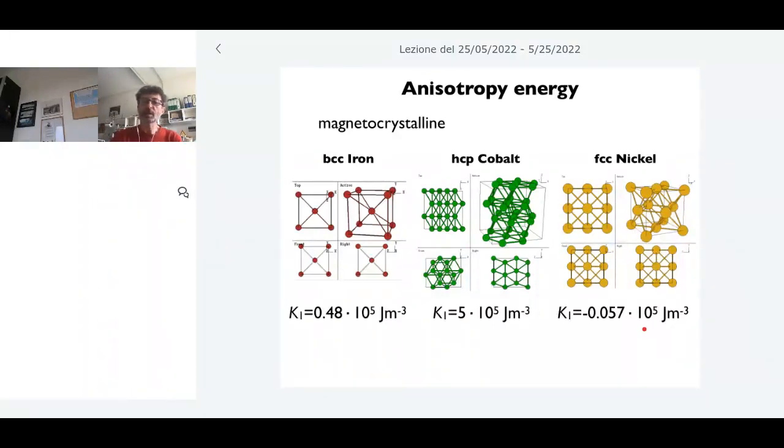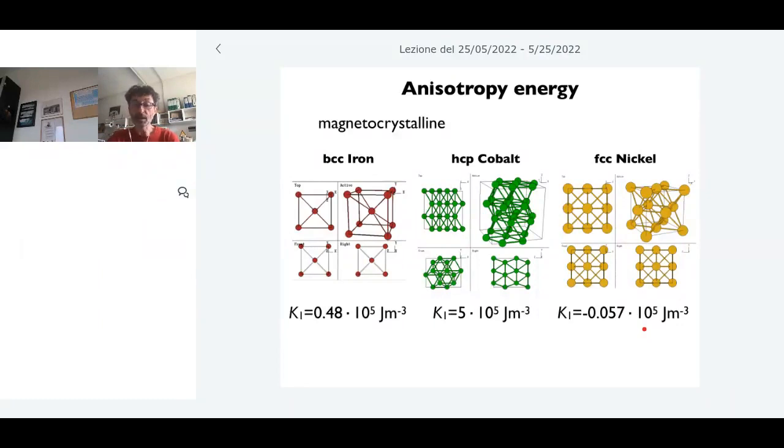Those that can have any direction of the magnetization with no reference to anything of the crystal are good candidates as soft magnetic materials. Candidates, because other conditions are then needed.